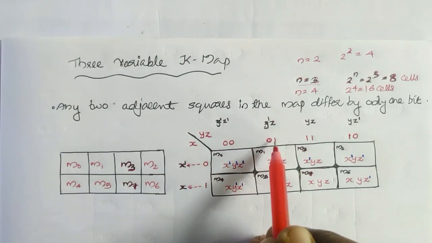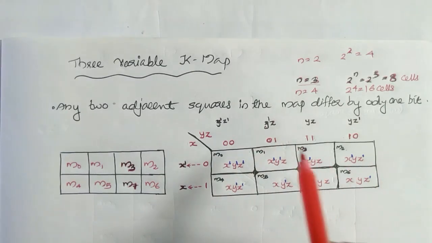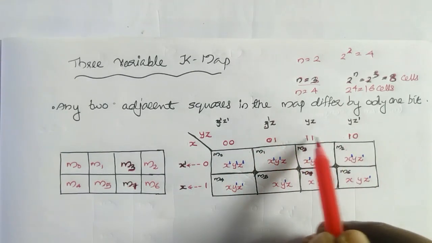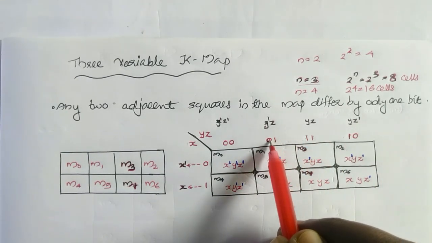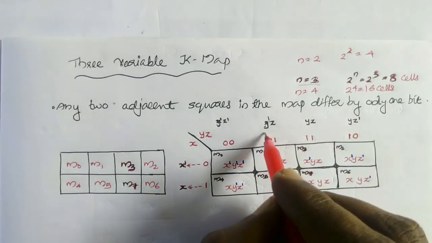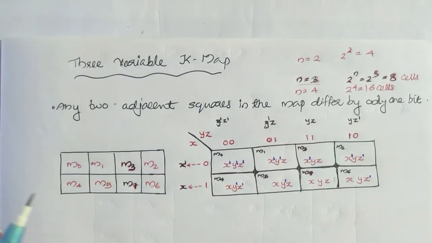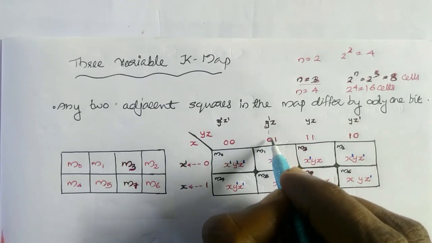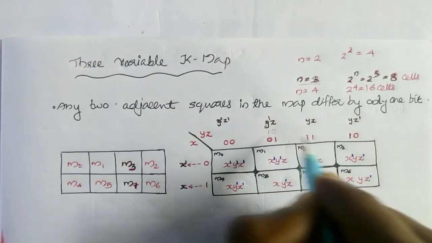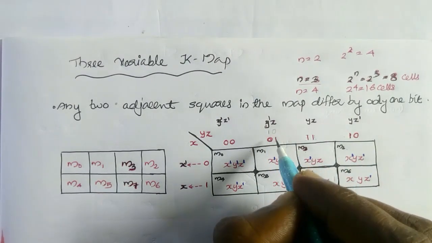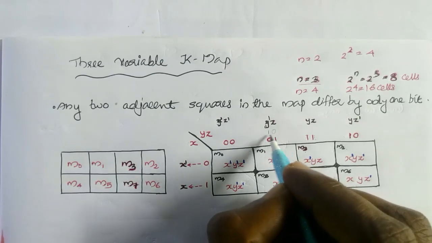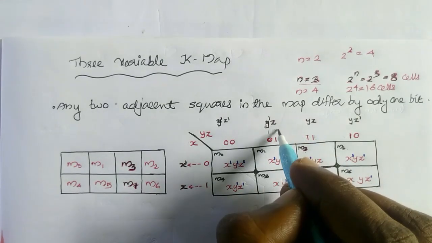This bit changes to 1. And if you put 1 0 here, the 0 has to change to 1 and the 1 has to change to 0. So there would be two changes, and we cannot stick with this rule.